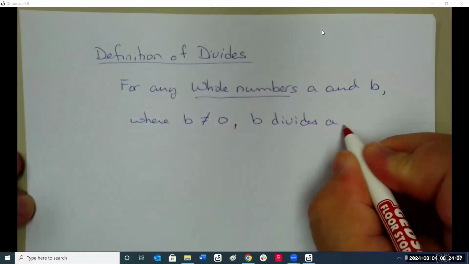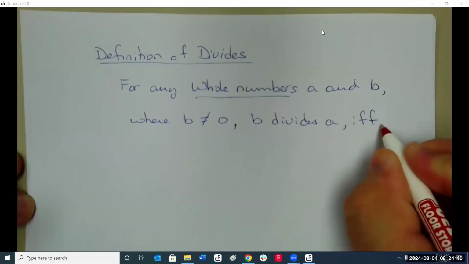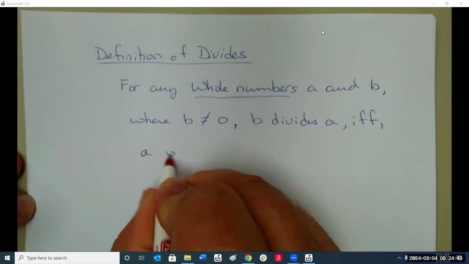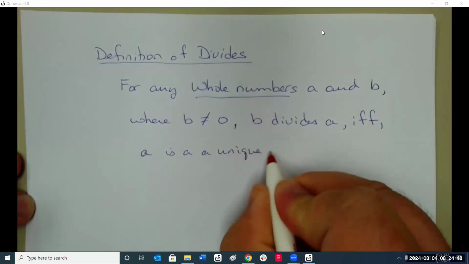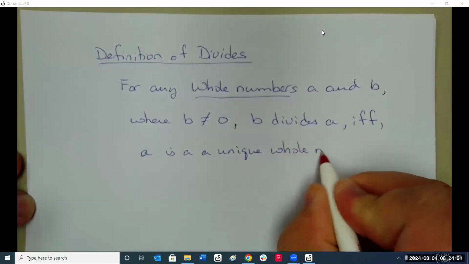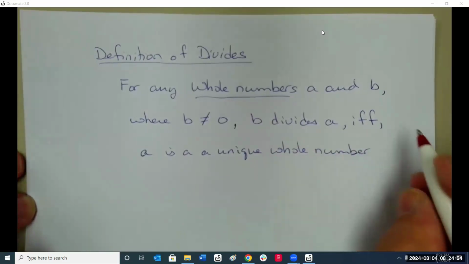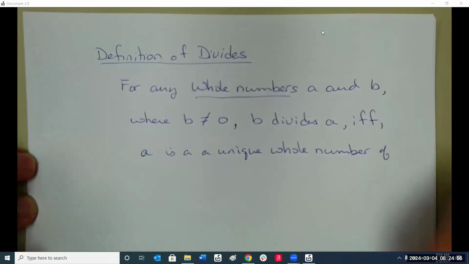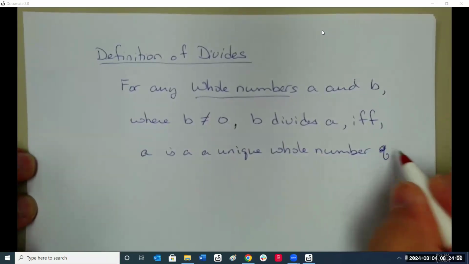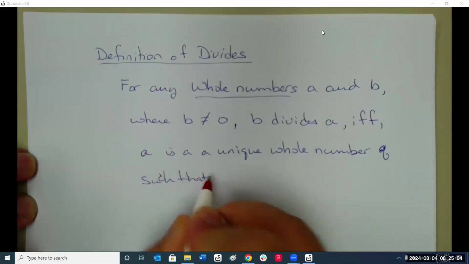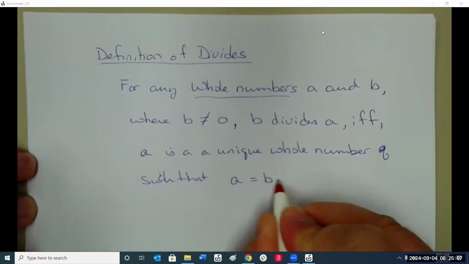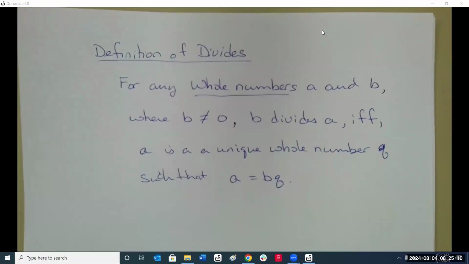B divides A if and only if A is a unique whole number Q such that A is equal to BQ. We actually defined this already, but this is the formal definition.